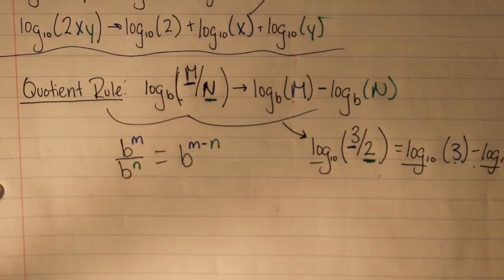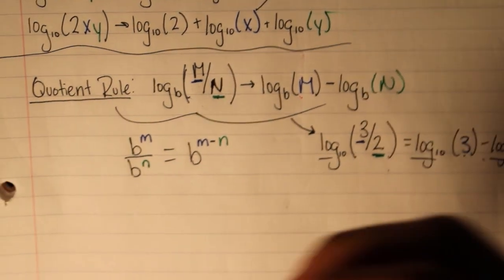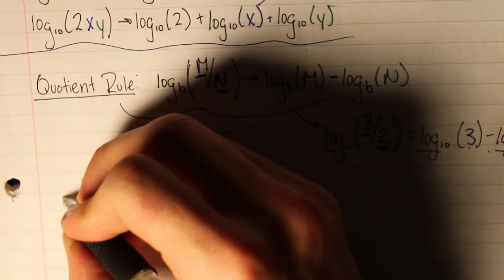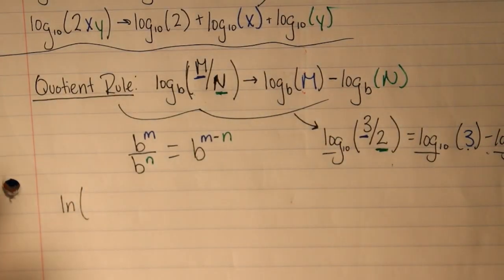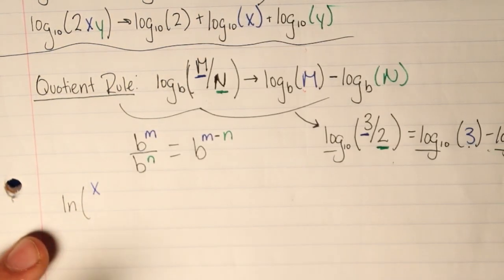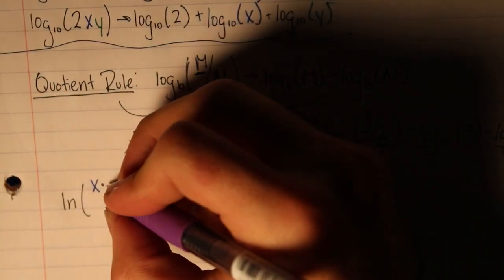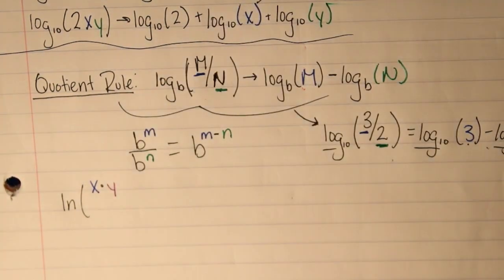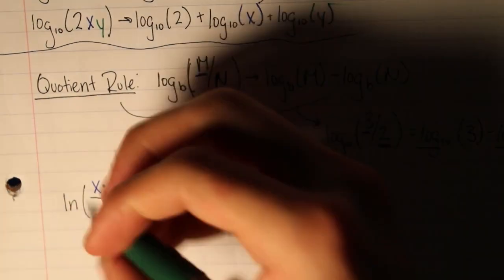Now, it could get a little tricky. On one of the practice problems, we had ln, right? We're going to do something different. We'll do ln of x times y over 2.